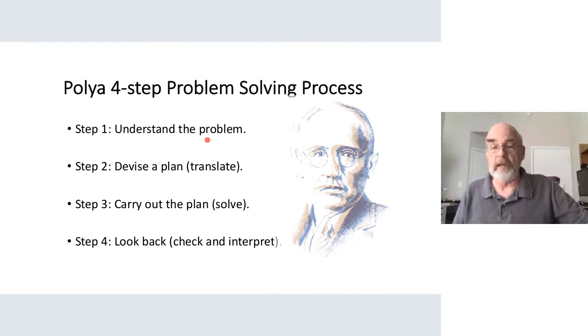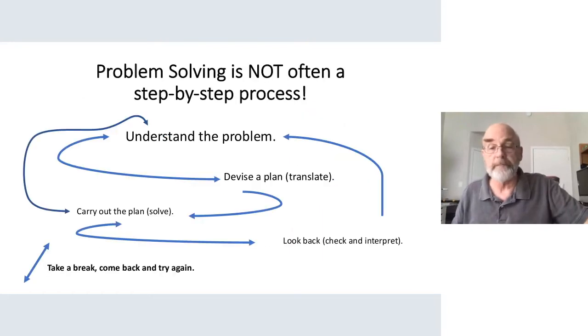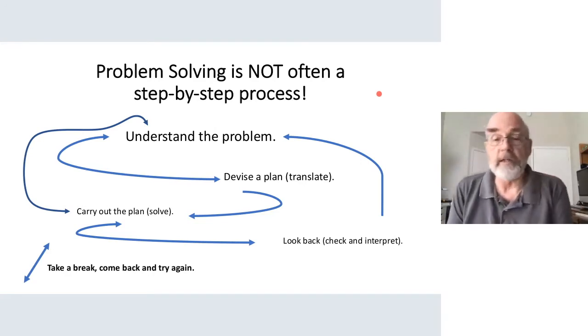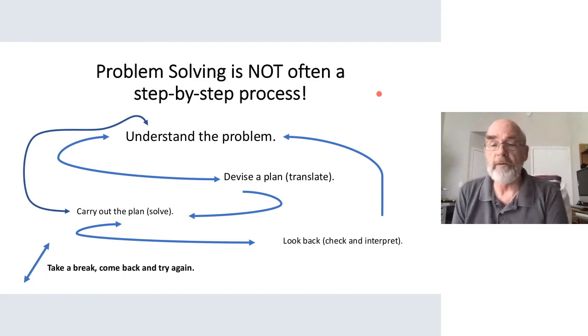Now, it would be so nice if you could go step by step: understand the problem, check, devise a plan, check, carry out the plan, and then look back and you'd be done. Unfortunately, problem solving is not often a step-by-step process. You might try to understand the problem and then move on to devise a plan, and you find out that you don't have the skills for that plan, or maybe that plan isn't quite addressing the problem as you thought it was going to.